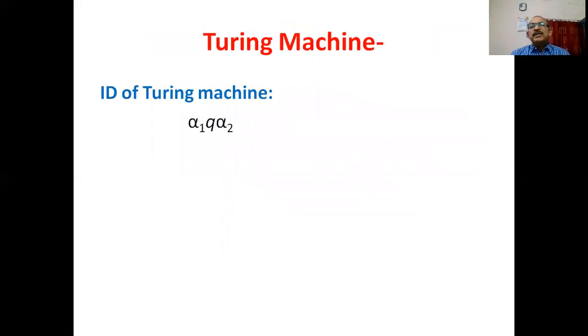Let us see how we will represent a current configuration of the Turing machine. Alpha 1, Q, alpha 2.